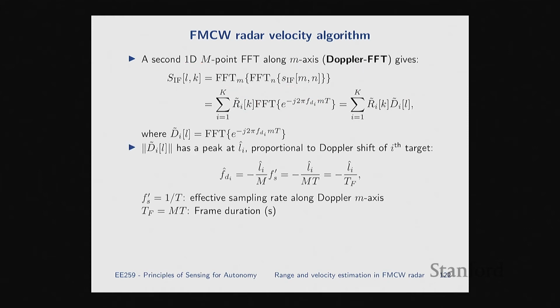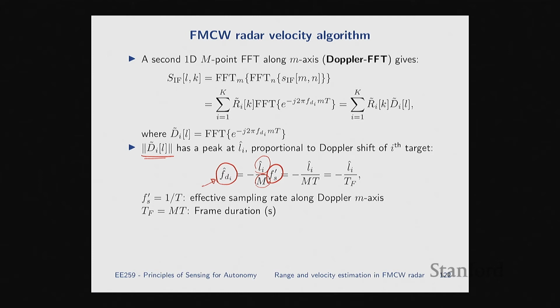Very specifically, for the ith target, if you look at the magnitude of D tilde I, it will show a peak at L hat I, and the Doppler shift is just L hat over M, which is the number of points in the FFT, times this f prime s. What is f prime s? It is the sampling rate in the Doppler axis, okay?